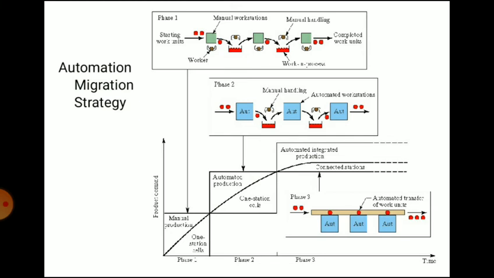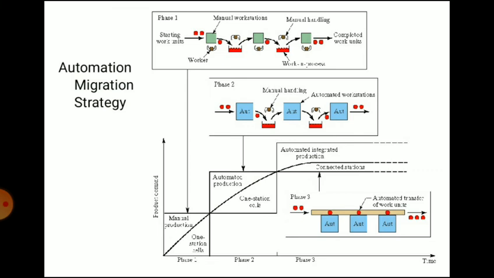So how this strategy is implemented is given in the diagram by showing three phases. In phase 1, you can see at the top, at the start there will be manual workstations and the work or material handling will also be manual. Then in phase 2, you can see there is automated production.